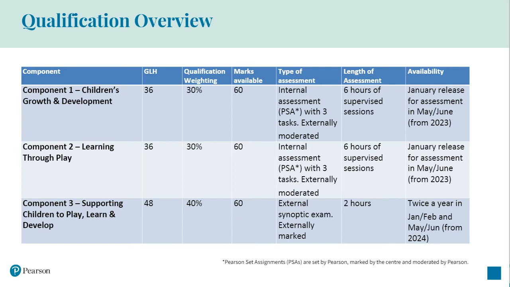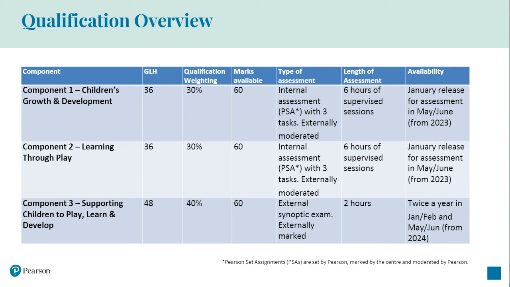They are assessed using the new Pearson Set Assignment, or PSAs, marked internally by you, the teacher assessor, and moderated by Pearson. The PSAs are released in January of each year and assessed in May, June from 2023, so you have plenty of flexibility within your programme to prepare for, administer and mark the assessments.